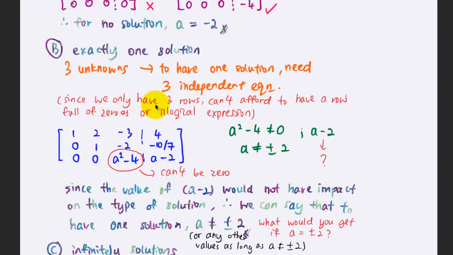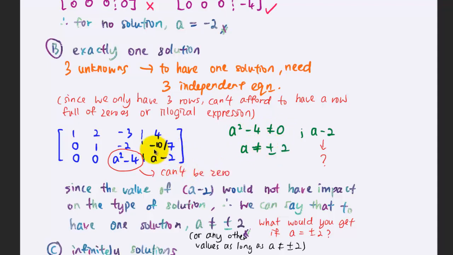Since we only have three rows, we can't afford to have a row full of zeros or illogical expressions, because that would make our independent equations less than 3, and hence we couldn't get exactly one solution. So this A squared minus 4 can't be 0, because if it is 0, we only have two independent equations. So A squared minus 4 must not be 0, and A must not be plus minus 2.